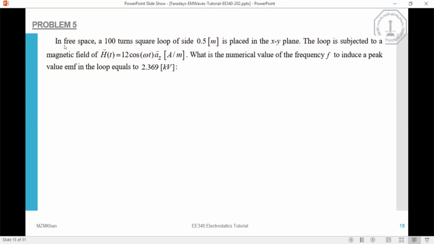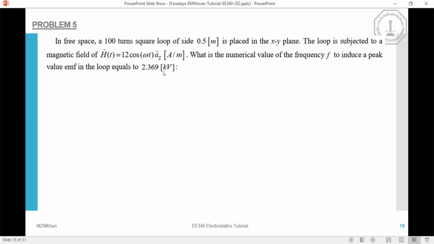It says, in free space, a 100 turn square loop of side 0.5 meter is placed in the XY plane. The loop is subjected to a time varying magnetic field, with cos of omega t. Then what is the numerical value of the frequency f to induce a peak value EMF in the loop, which is 2.369?